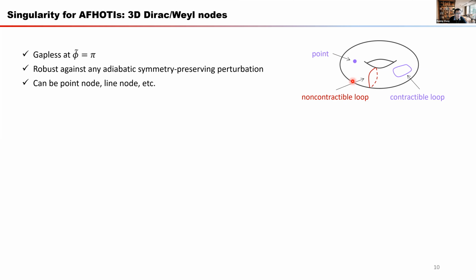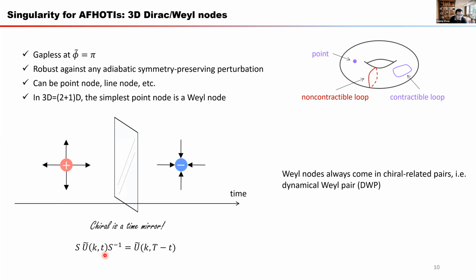Okay, and in 3D, the simplest point node is just a Weyl node, which carries a monopole charge. So let's first start from a Weyl node living here. Then we notice that the chiral symmetry is actually a mirror of the time direction. So when you act this chiral symmetry on this return map operator, it will just flip the time around capital T over 2.